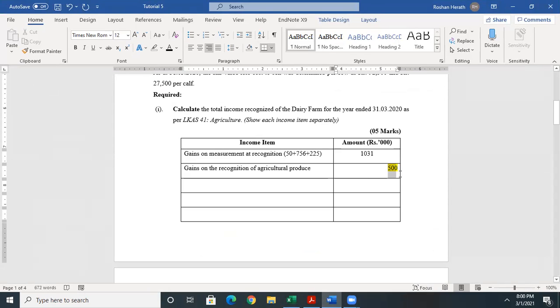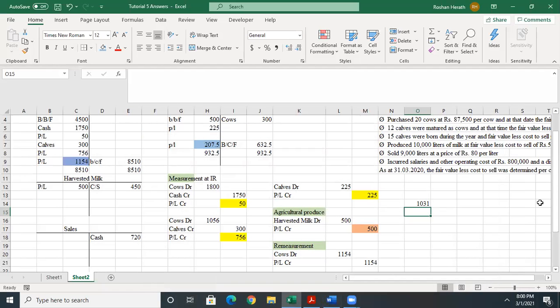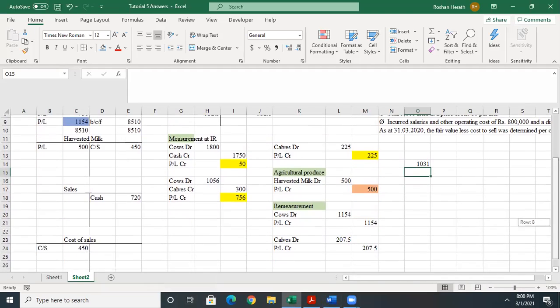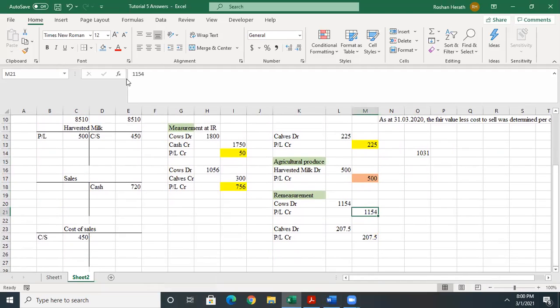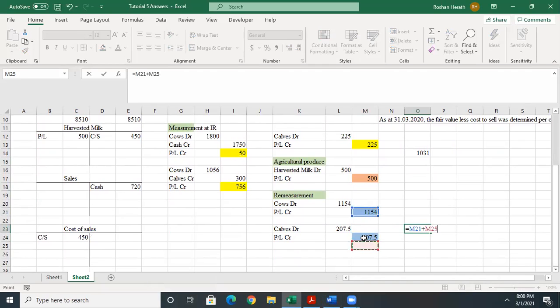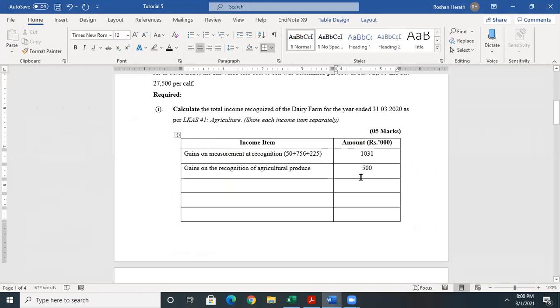We also had remeasurement gains when the agricultural produce was recognized. That was 1054 and 207.5. If I take them all together, it was 1361.5.